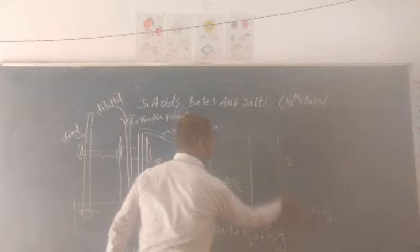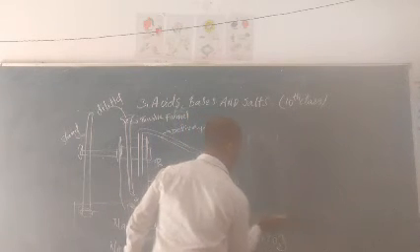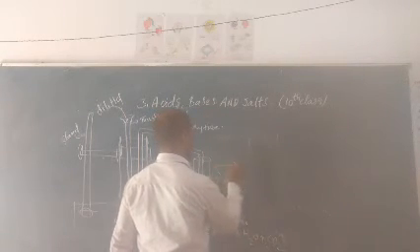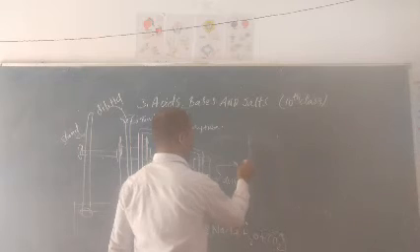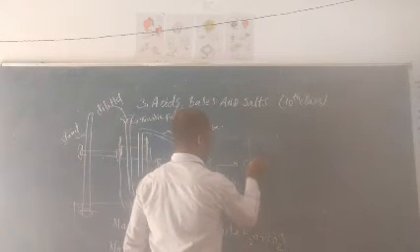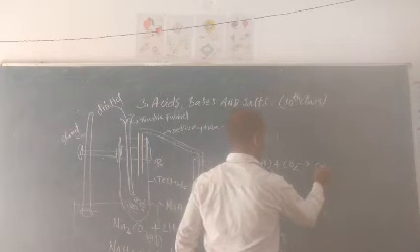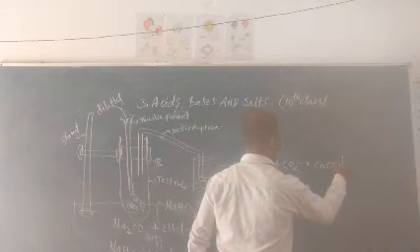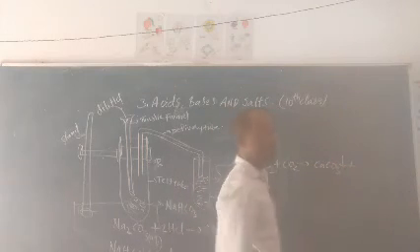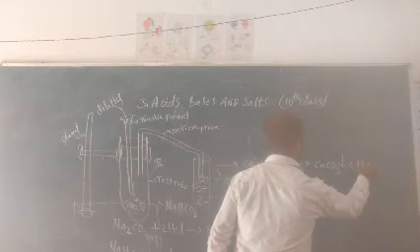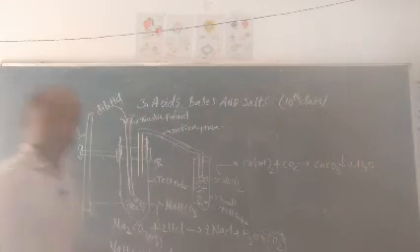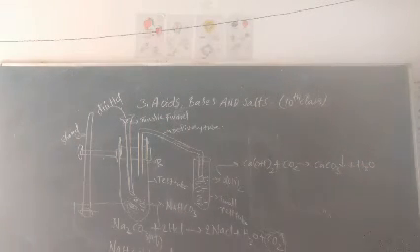The reaction is Ca(OH)2 plus CO2 gives rise to CaCO3, calcium carbonate, a white precipitate, and water. It is a precipitation forming reaction.